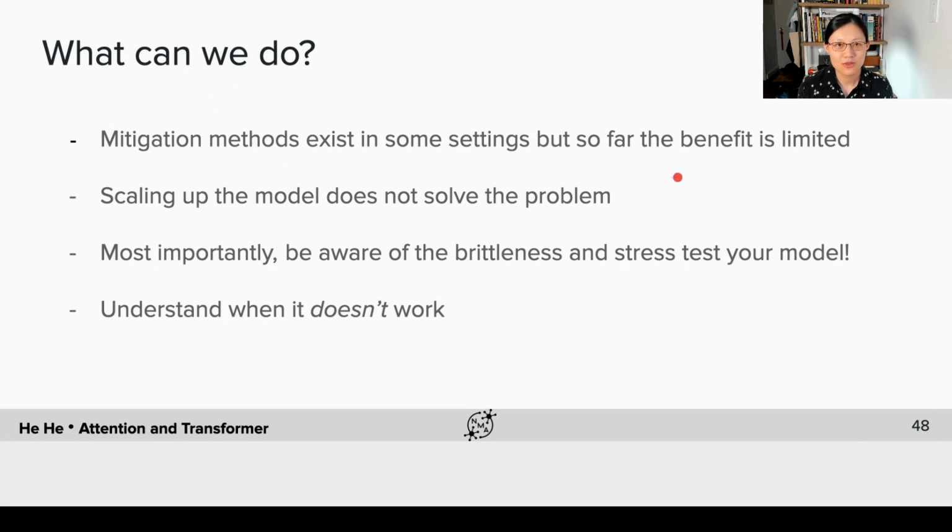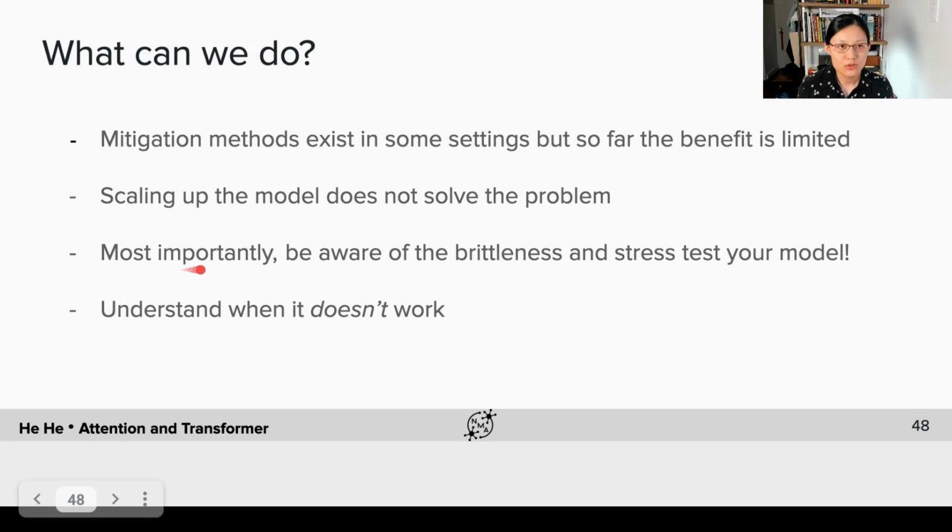However, so far, the improvement is more or less limited. We cannot just rely on the current mitigation methods. And secondly, scaling up the model does not solve the problems. Although we have seen that scaling up the model gives us lower test error, it doesn't necessarily improve robustness.